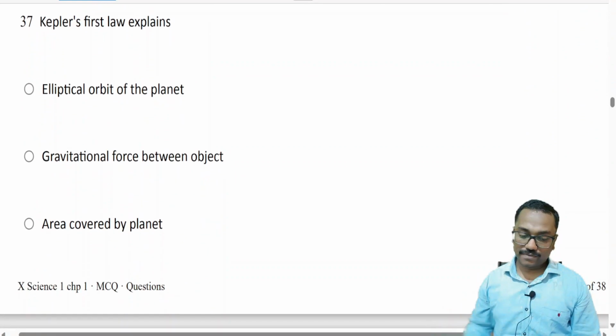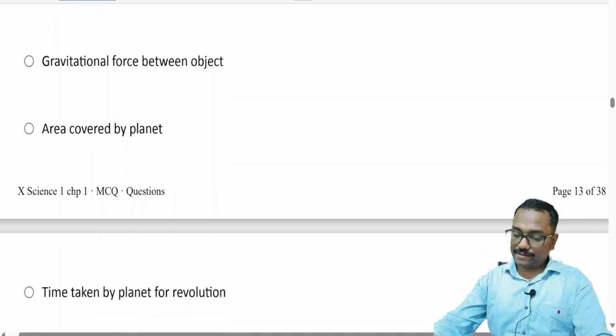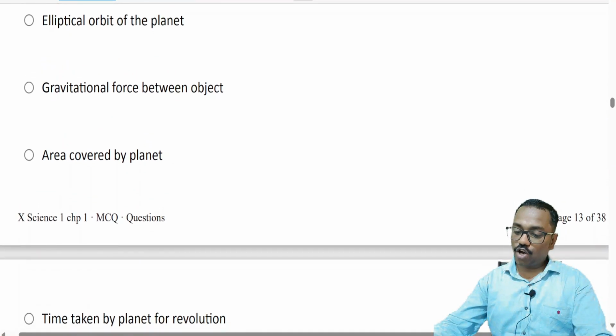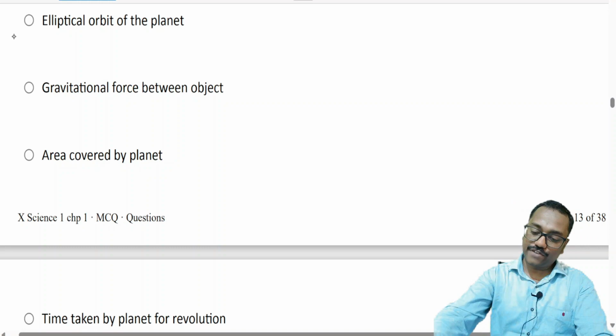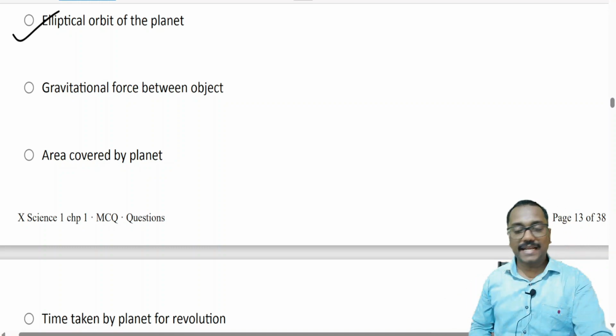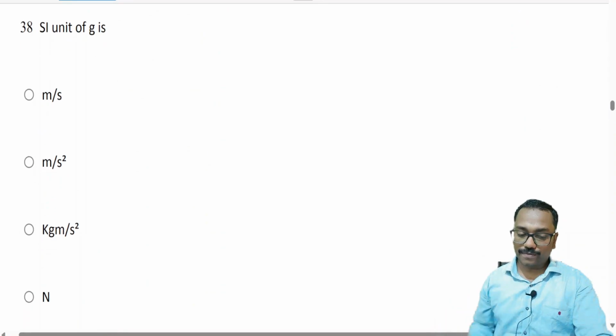37th question. Kepler's first law explains the elliptical orbit of the planet, the gravitational force between objects, the area covered by the planet, or the time taken by the planet for revolution. So its answer, we already know, is the elliptical orbit of the planet. 38th question.